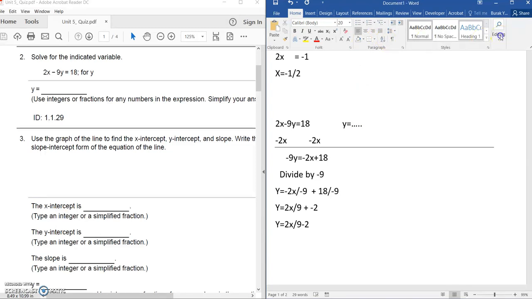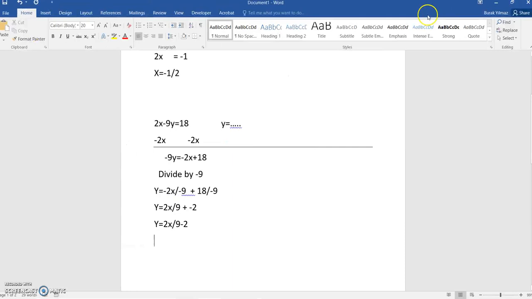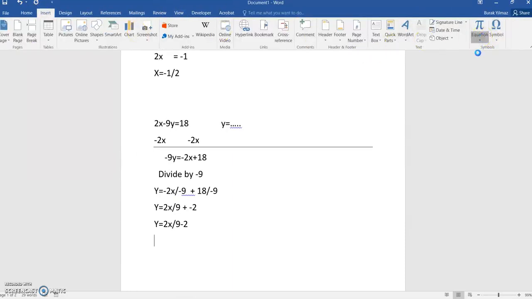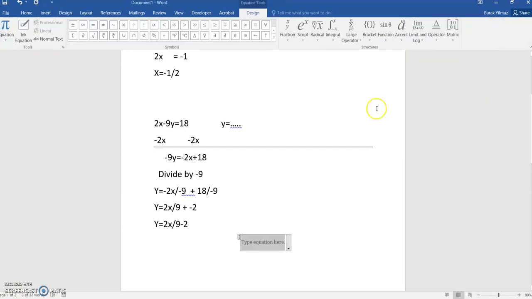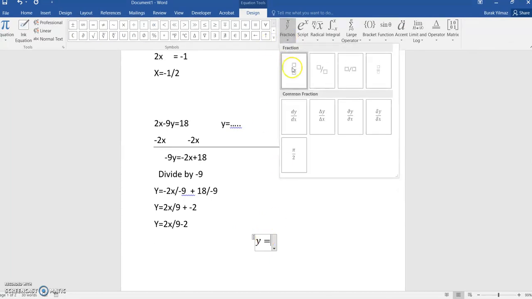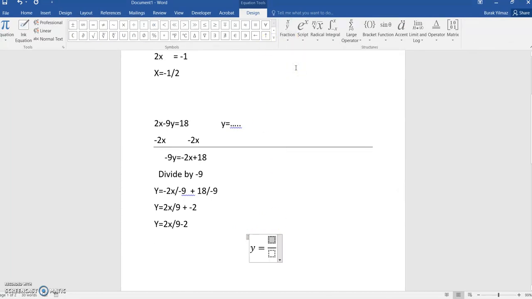So if I have to write this as an equation, y equals the fraction 2 over 9 x minus 2. So that would be the correct answer.